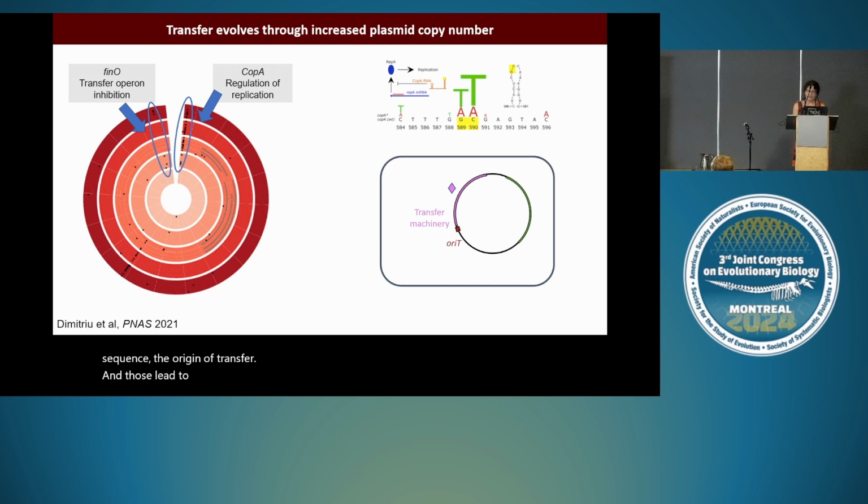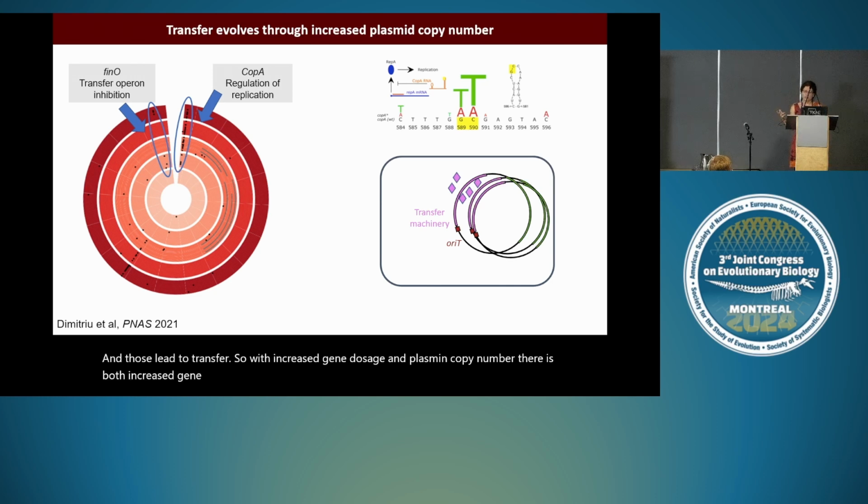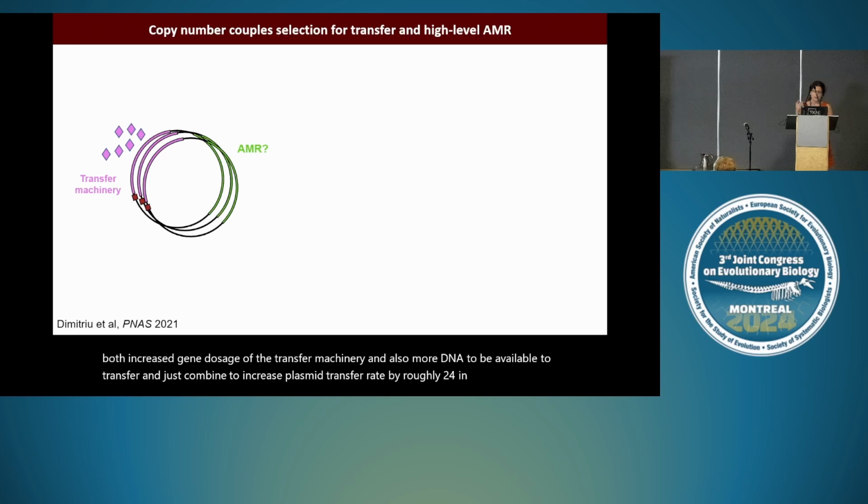So with increased gene dosage and plasmid copy number, there is both increased gene dosage of the transfer machinery and also more DNA available to transfer, and those combine to increase plasmid transfer rate by roughly 20-fold in total. So then why do we care about this in terms of evolution?